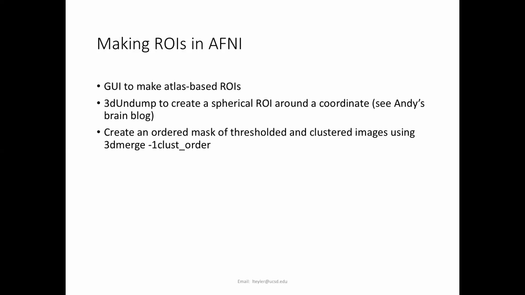Questions about this? I know it's sort of glossing over the surface, but it would take a really long time to go through every example, and we'll probably be doing this in the practical, so you'll get some experience then.